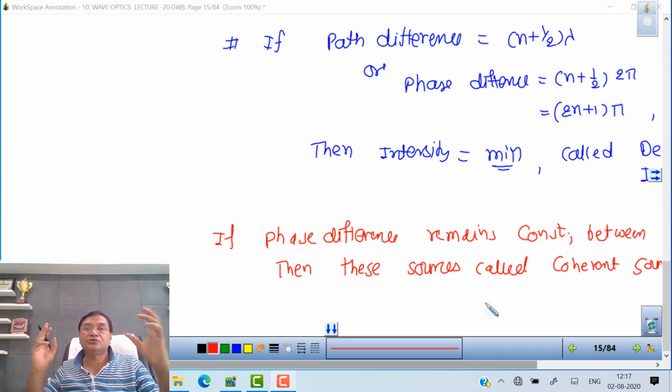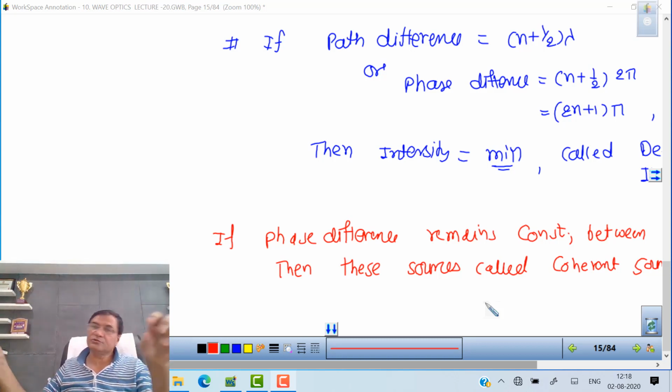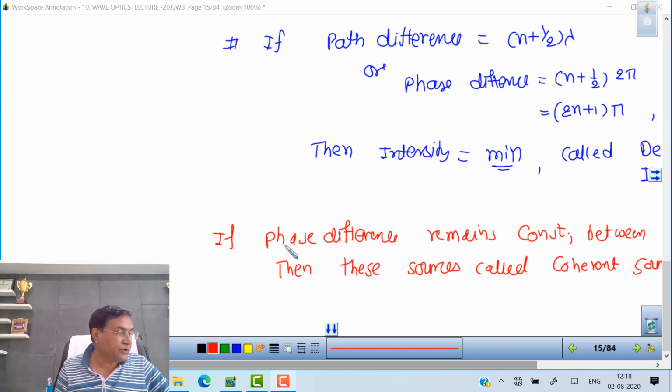If non-coherent, then everywhere 2I0, simple. But when coherent, somewhere it becomes 4I0, somewhere 0. So the average remains the same. Okay, so this is the thing for interference.